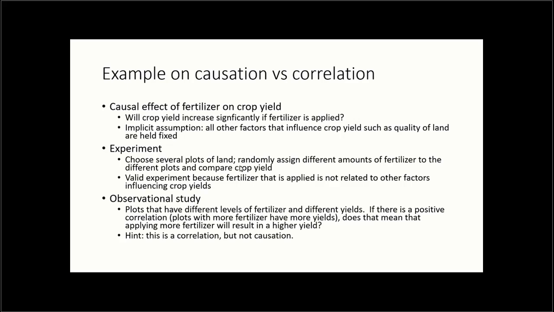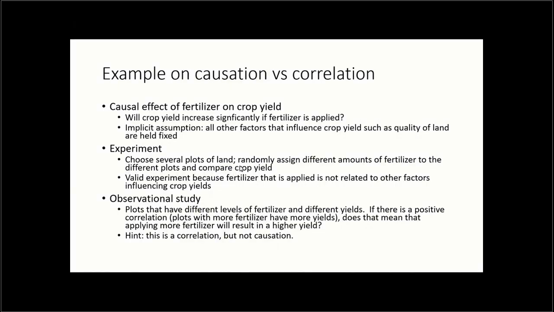Here we can talk about the causal effect of applying fertilizer on crop yields. So we're interested in the question: will crop yield increase significantly if fertilizer is applied? An implicit assumption in all of that is that we hold all the other factors that influence crop yields constant, such as the quality of land, the rainfall, and everything else.